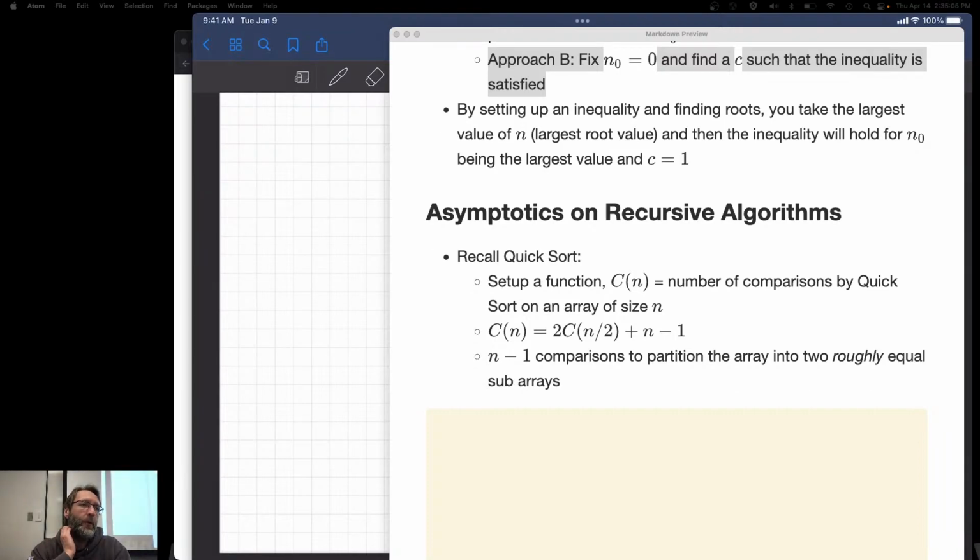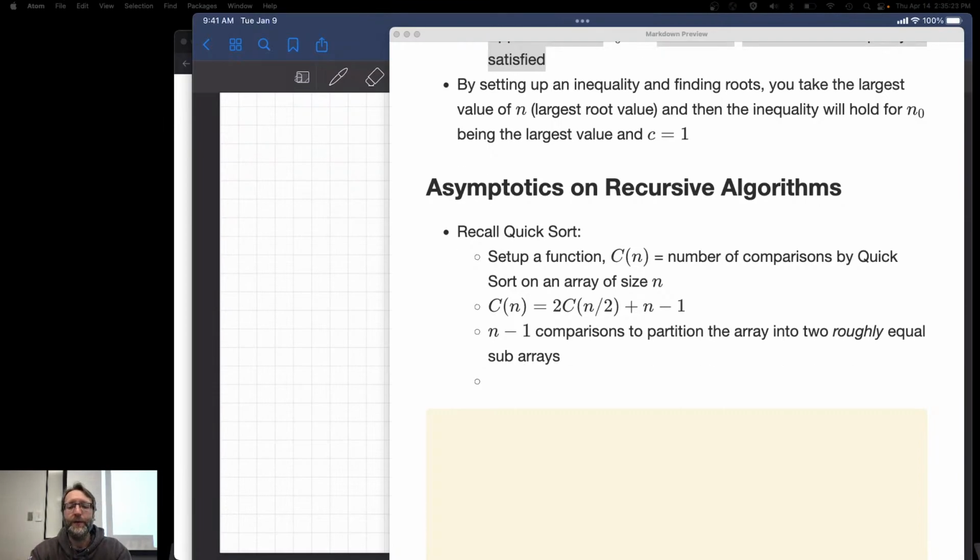I say roughly equal because the worst case scenario is where you end up partitioning everything to one side and now you're just doing selection sort. We're going to assume the average case or the best case scenario where it ends up as a roughly even split. Then we had 2 recursive calls to each subarray.